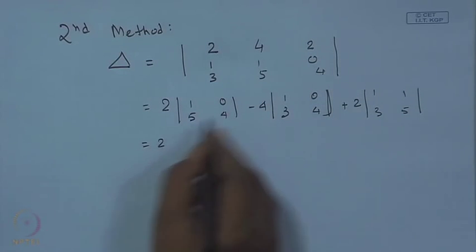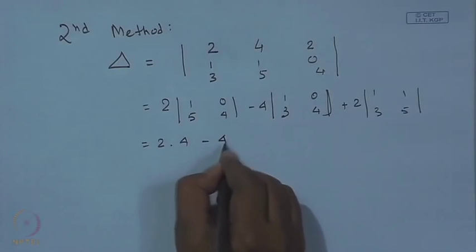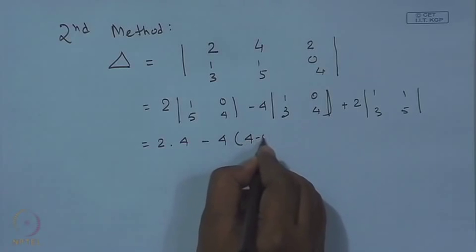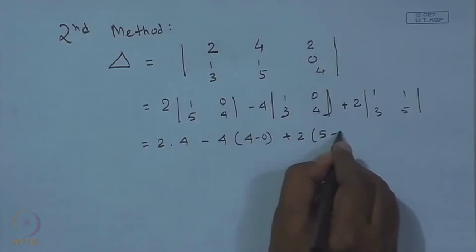So, this will be 2 times 4 minus 0. So, it will be 2 into 4, minus 4 times 4 minus 0, plus 2 times 5 minus 3.